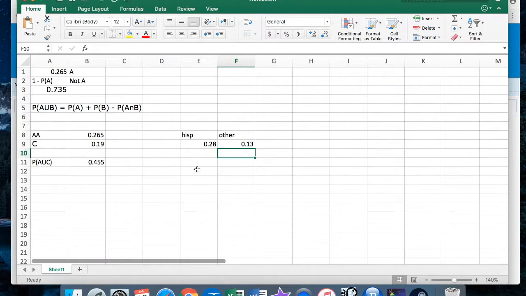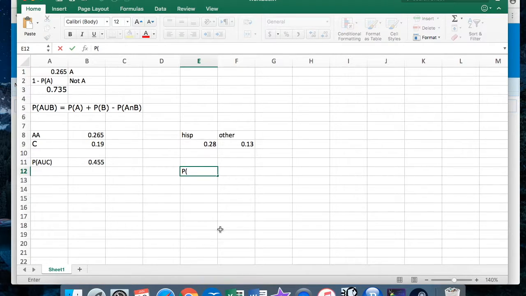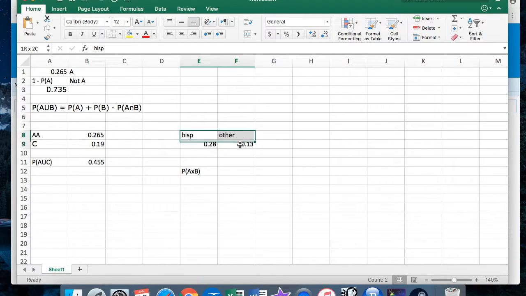Now, if the two events are independent, the probability of A times B should be the answer. But in this case, these guys aren't really considered those kind of events.